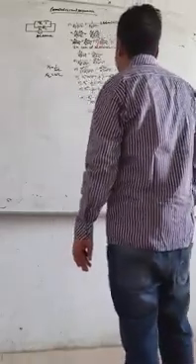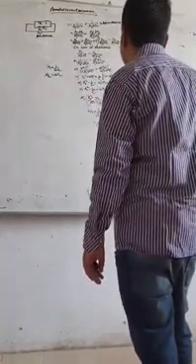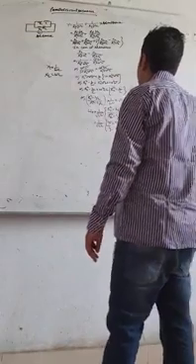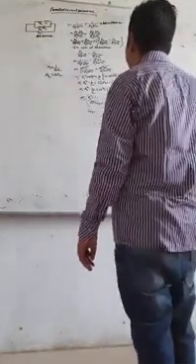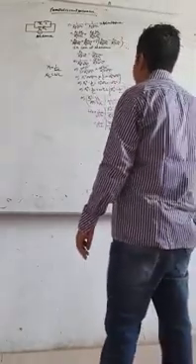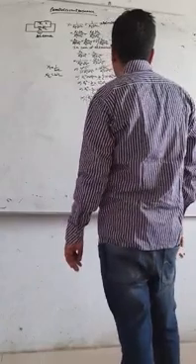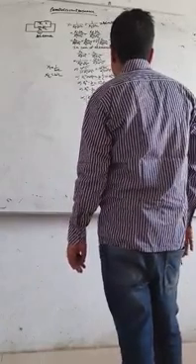So it will be R1 square minus L by C is equal to R2 square omega square LC minus omega square L square. Now take omega square LC common from the RHS. It will be R1 square minus L by C is equal to omega square LC within bracket (R2 square minus L by C).